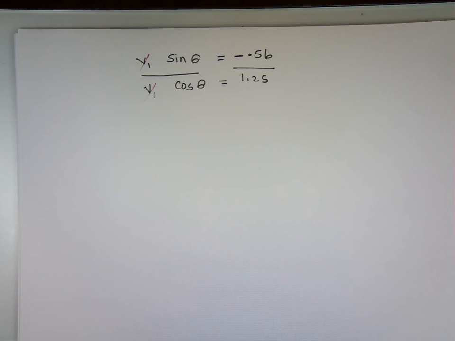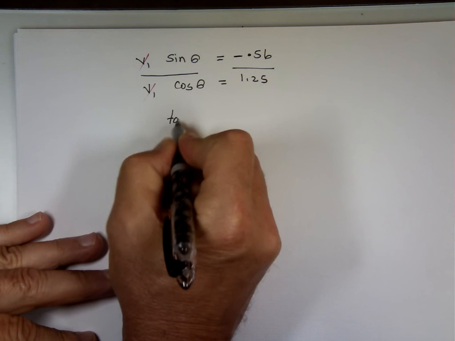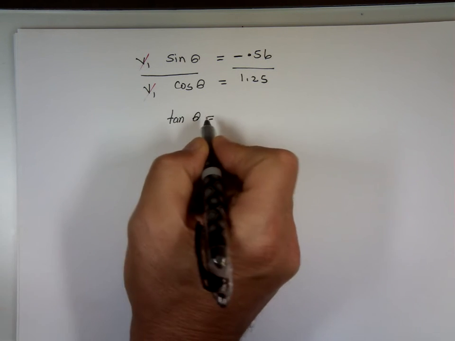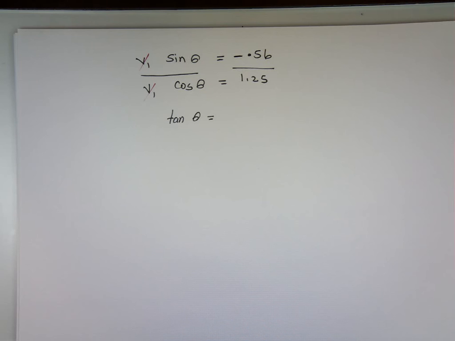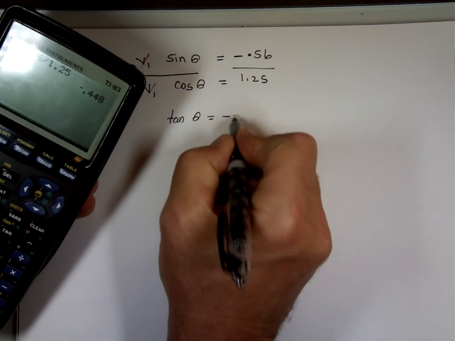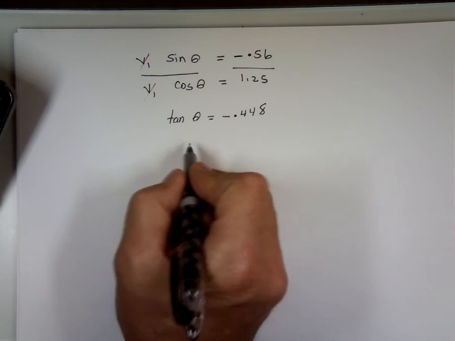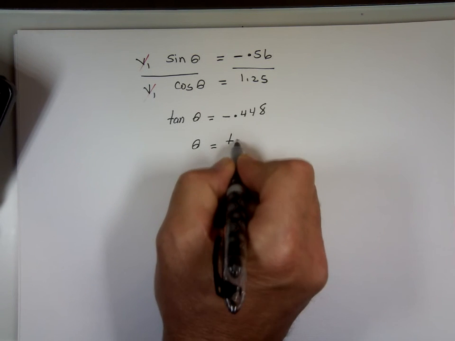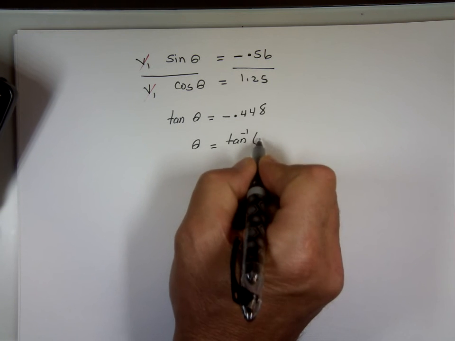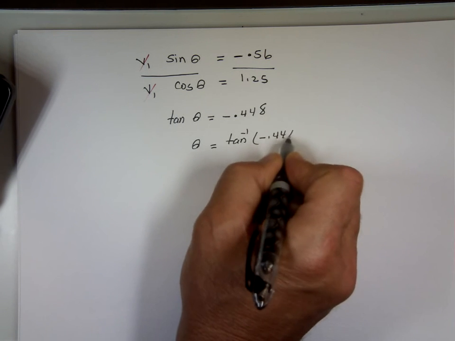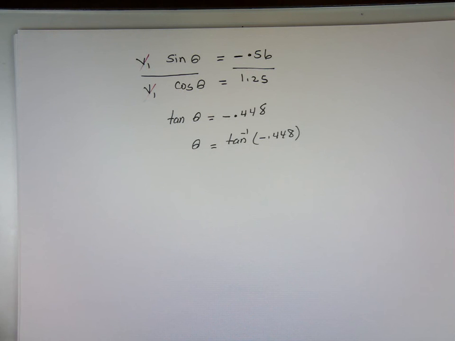Tangent theta equals negative 0.448. What is theta? The inverse tangent of negative 0.448. If it's a negative number, my picture was correct because I drew it below, but I don't want to say positive or negative. I said, let the math tell me that. And it says theta will have to be negative 24 degrees.